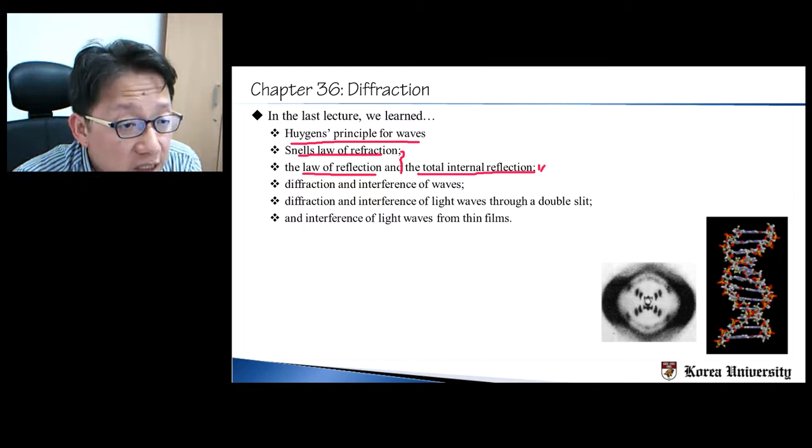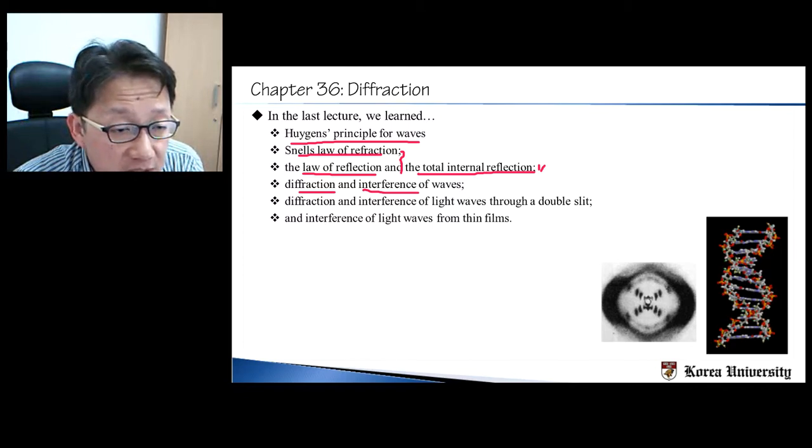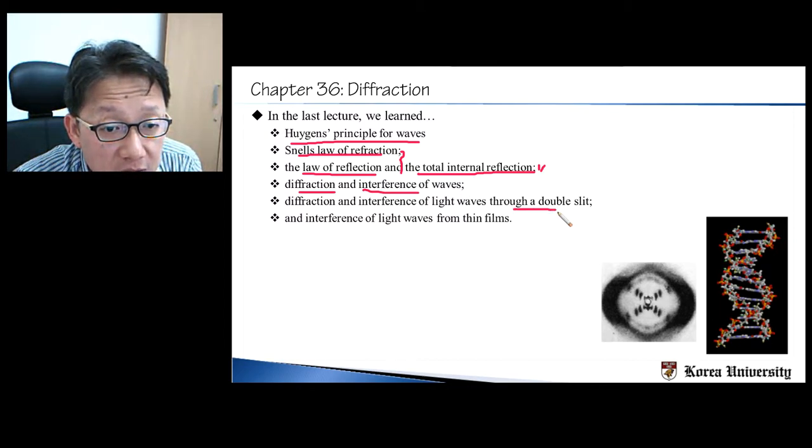By using this Huygens principle, we also learned very important properties of waves, which are diffraction and also the interference of these waves. Interference is simply a summation or subtraction between waves. As a very simple example of this interference, we learned what happens when light waves go through a double slit.